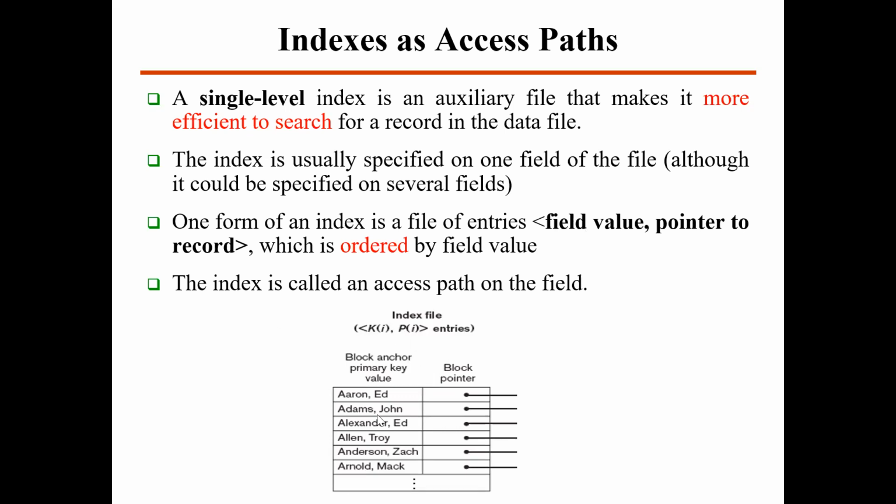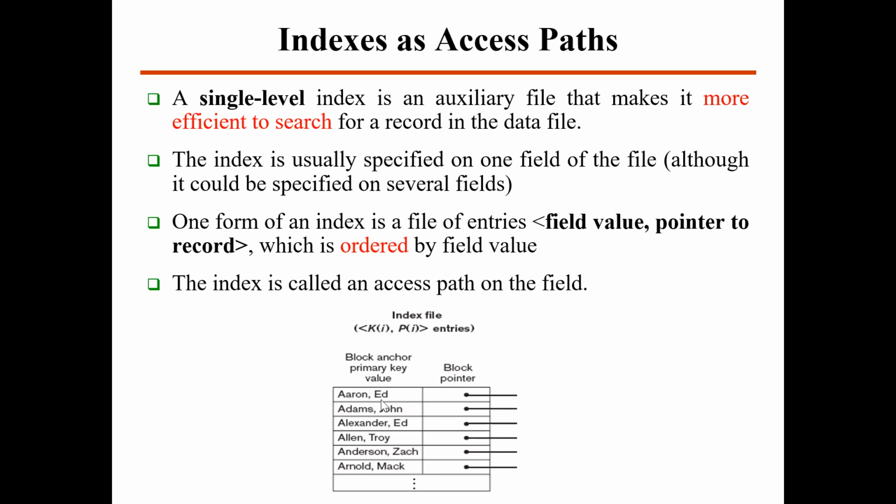The index entries in the index file are going to look like this, wherein we have a block anchor, which is the primary key value. For example, this is the name.